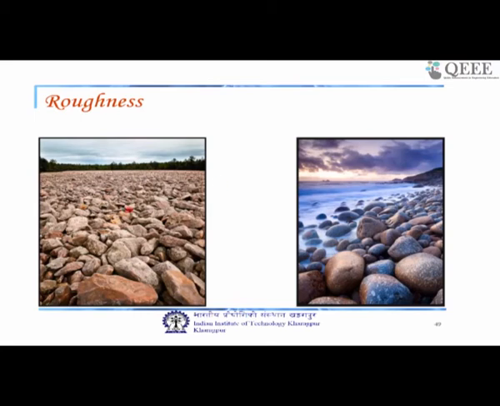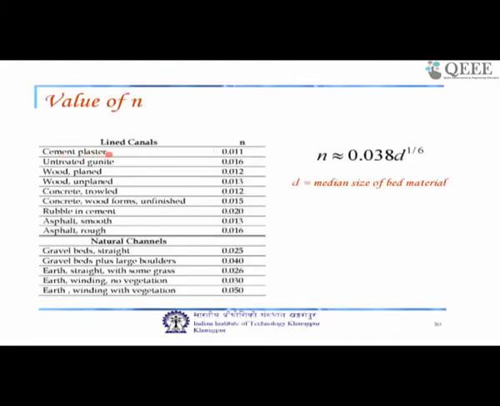Roughness or smoothness depends on the nature of the surface of the channel, and for different types of natural channels or man-made channels you will find different values of N. If it is cement plaster, it has a value of 0.011. Untreated surface is 0.016.